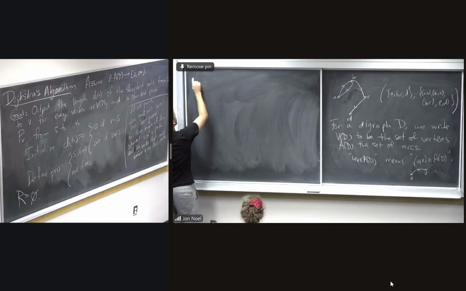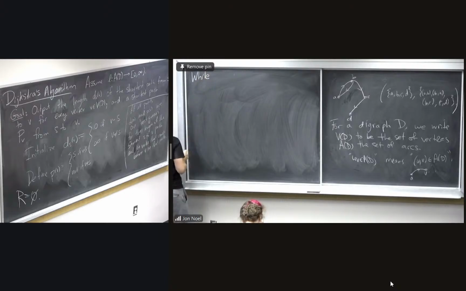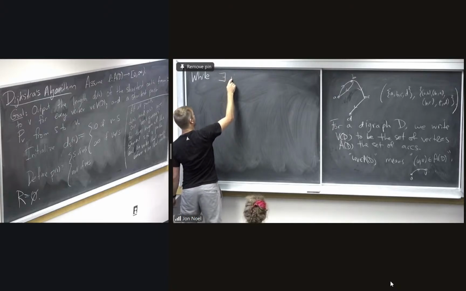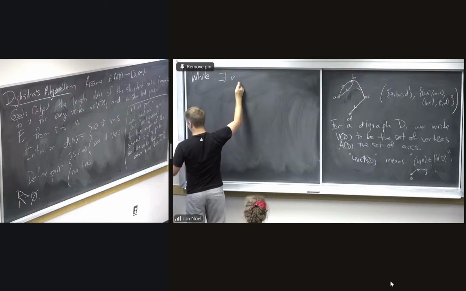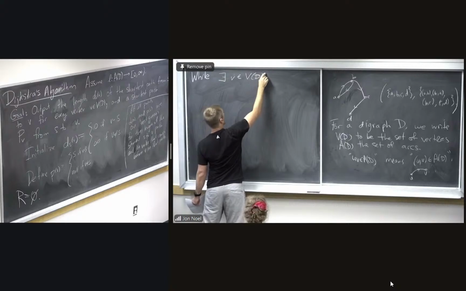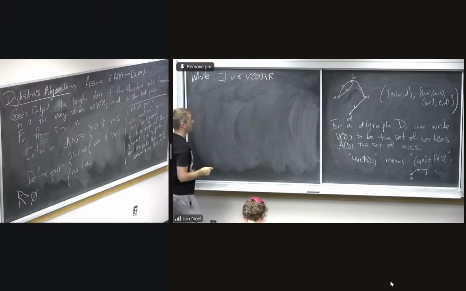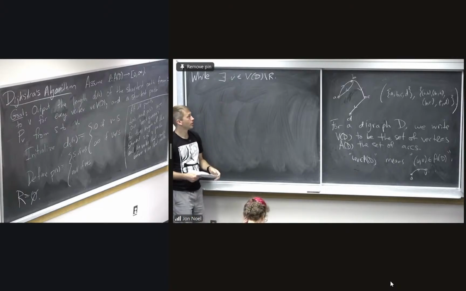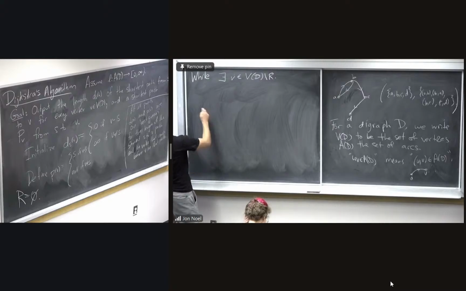Okay, so here's the main bit of the algorithm. While there exists some vertex v which is in the digraph, but we haven't reached it yet, we're going to do the following 3 steps.